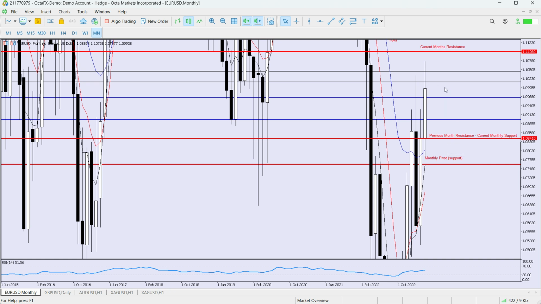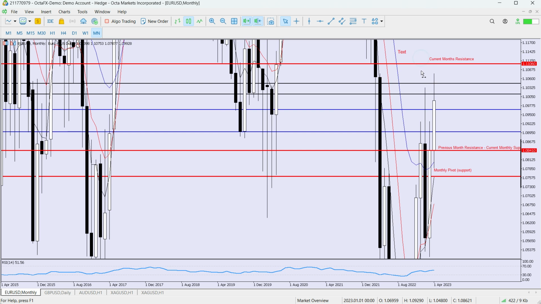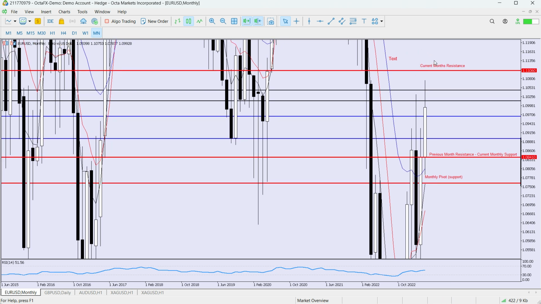Our target in the coming weeks will be to break the resistance, or at least to reach around this area. See the monthly resistance based on the past month's price action. You can see the monthly price reaching up to here, which was support at that time and is now resistance.